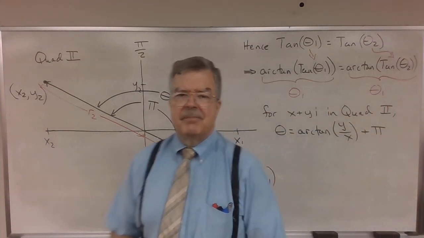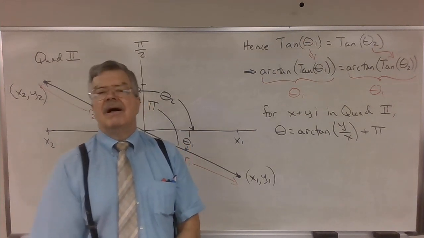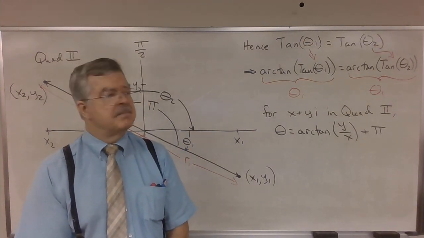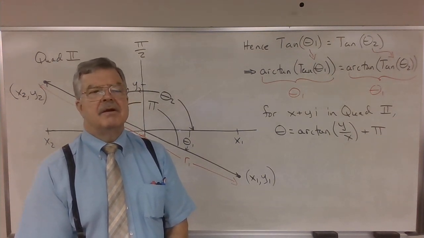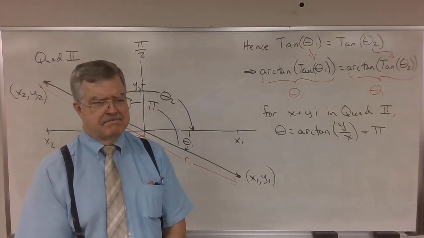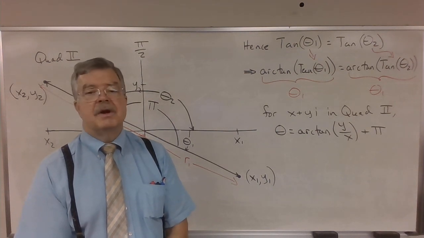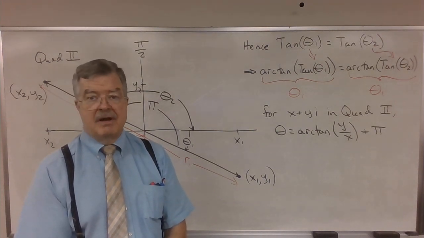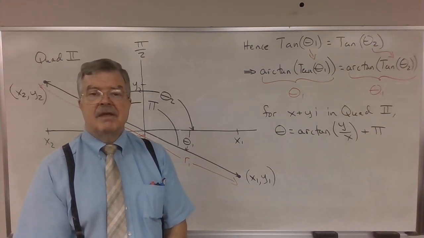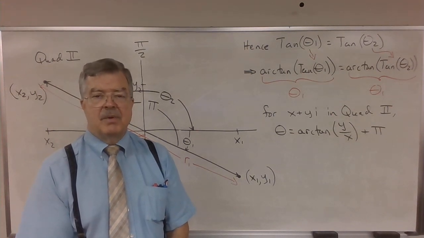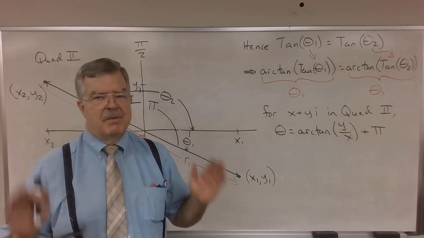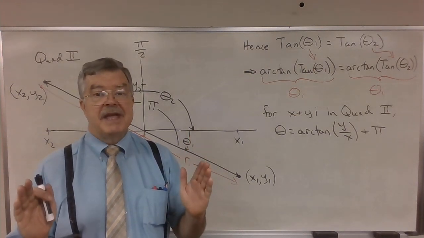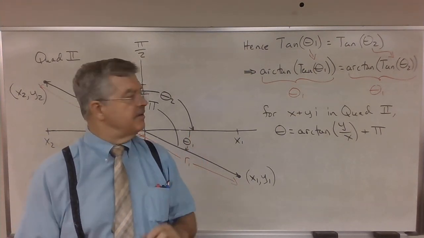And I will say something about a complex number in quadrant 3. We're going to have a similar problem if we have a complex number in quadrant 3. And we're going to end up doing the same thing to get the correct angle.